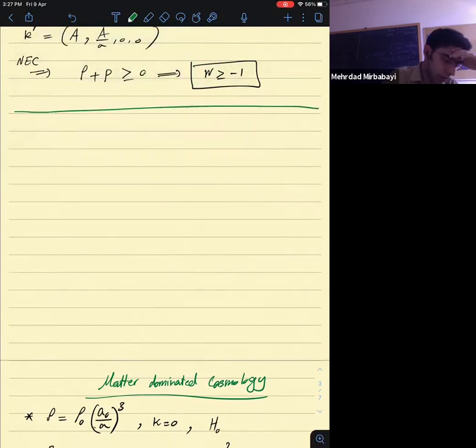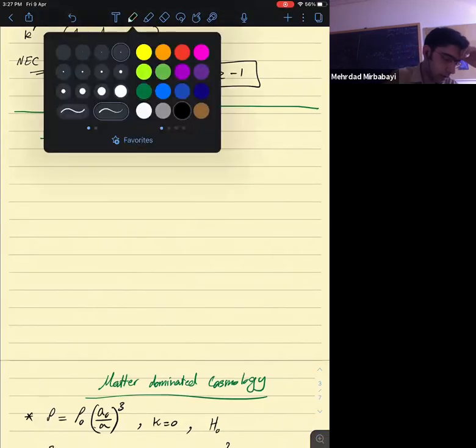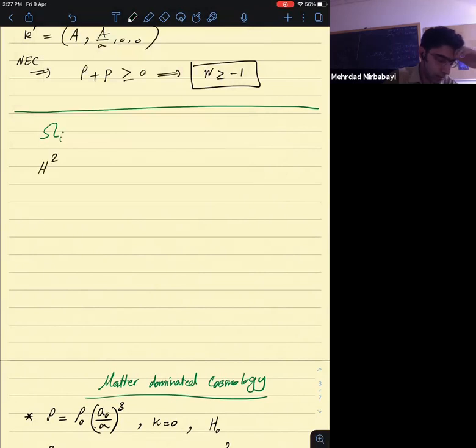So there is something called omega. If you look at the Friedmann equation again, imagine we have different components of matter.